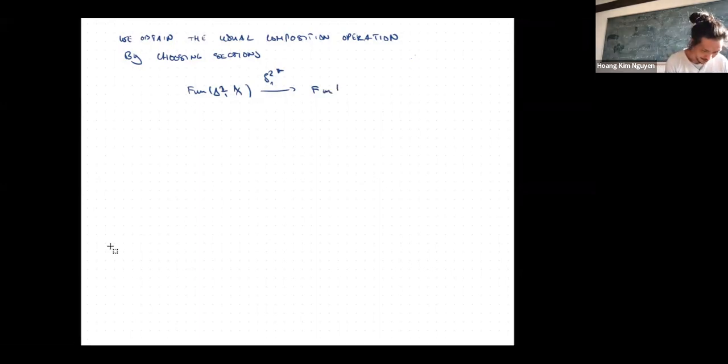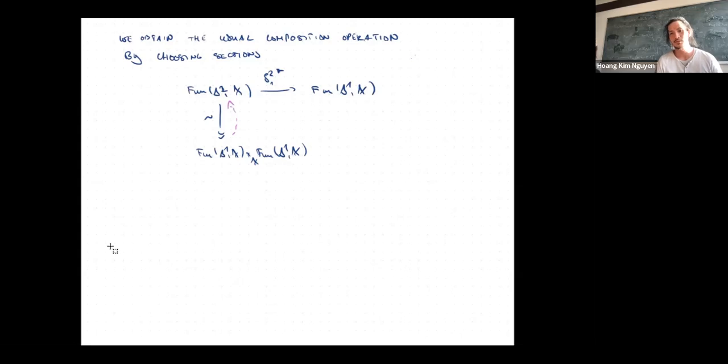And so that's a map to the arrows. And here we have a trivial fibration to the fiber product. And choosing a section gives us a composition operation. And in particular, this allows us to define a category associated to an object of the tribe.